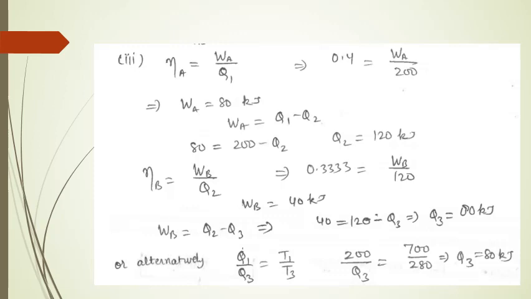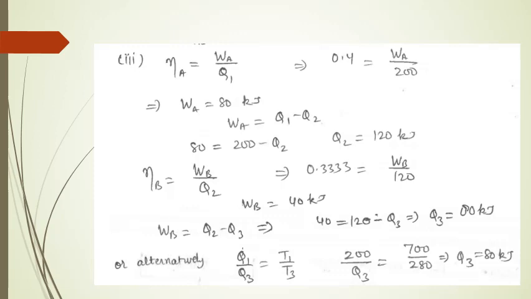Now as the efficiency of engine B is work done by engine B upon heat supplied to engine B, that gives me the value of WB, which comes out to be 40 kilojoule. Now as WB is equal to Q2 minus Q3, this gives me the value of Q3, that is equal to 80 kilojoule.